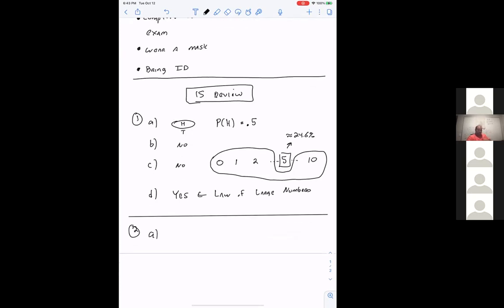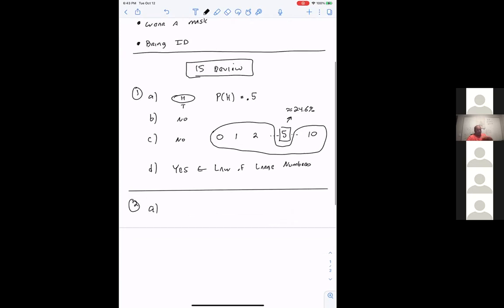So A, among Americans aged 25 or older, 32% have a bachelor's degree or higher. So the probability of a bachelor's or more is equal to 0.32.